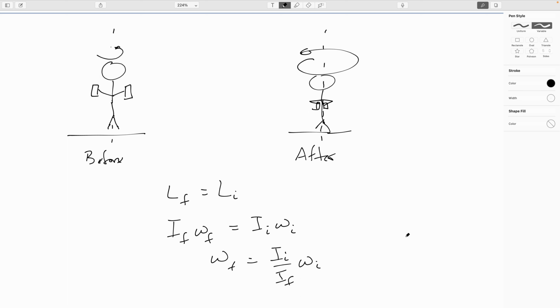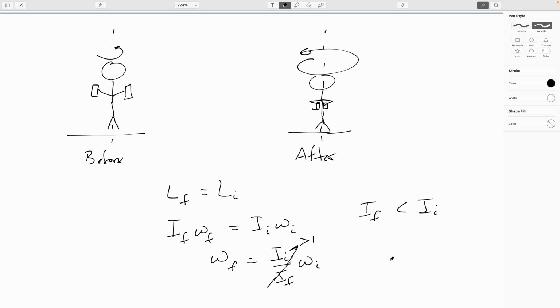So the deal here is that since I made the mass more concentrated towards the rotational axis by bringing the weights in, this makes I final less than I initial. So that makes this fraction here a number bigger than 1, and I end up spinning faster.